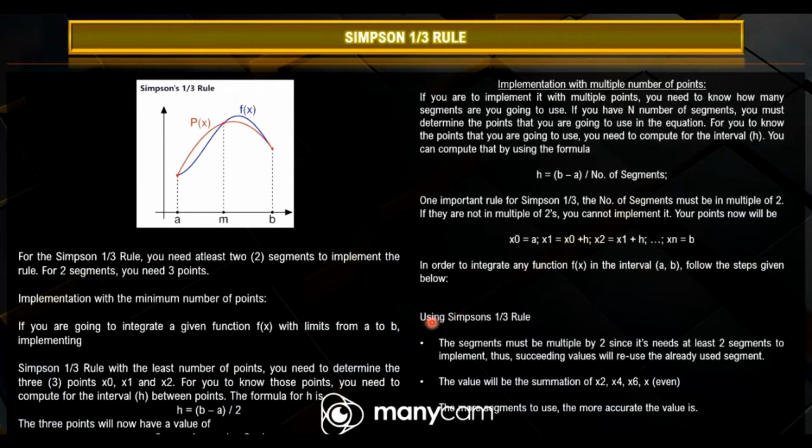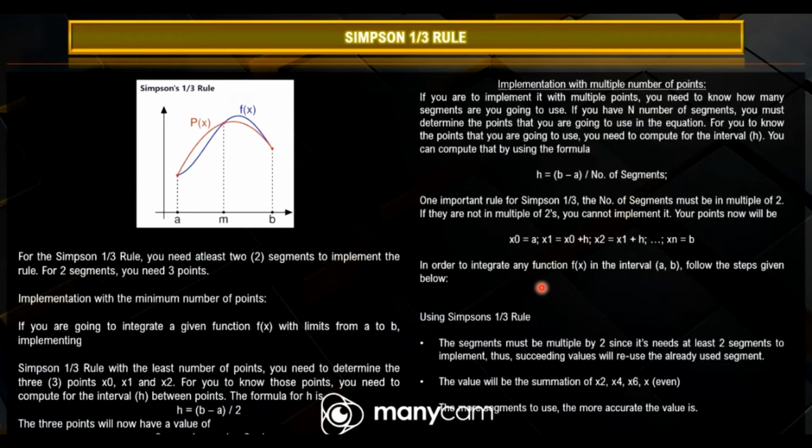Using the one-third rule, the number of segments must be a multiple of 2 since it needs at least two segments to implement. The succeeding values will reuse the already used segments. So if we use the segment for the next, it will reuse, so it must only be a multiple of 2. Any odd value will be for the first three.